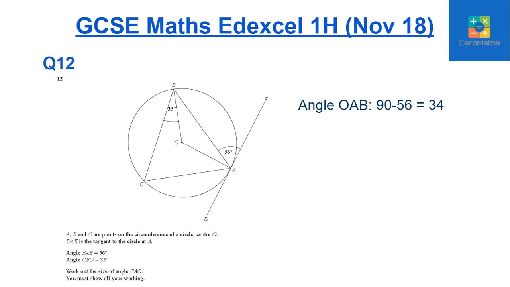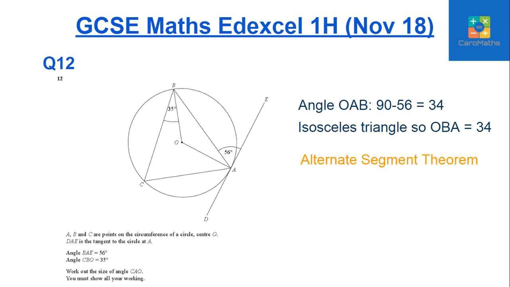So firstly, you can work out the angle OAB to be 90 minus 56, which equals 34, because you've got a right angle there. And then we can see that it is an isosceles triangle, so OBA is 34 as well. Then we can use the alternate segment theorem to get the angle BCA to be 56, because the angle BAE is already 56.